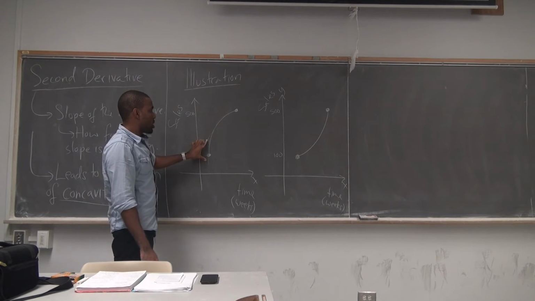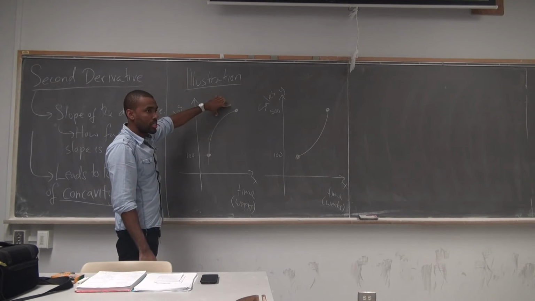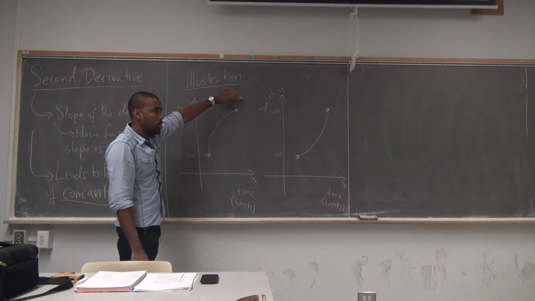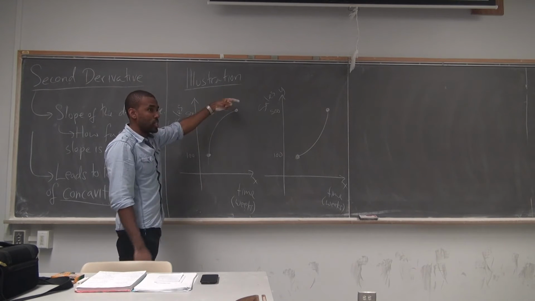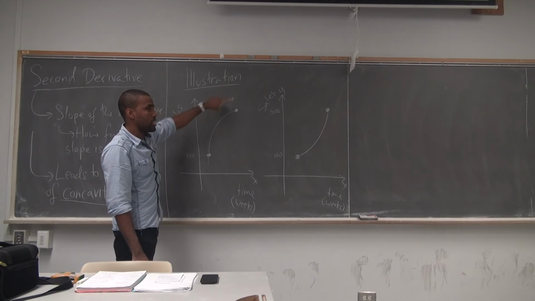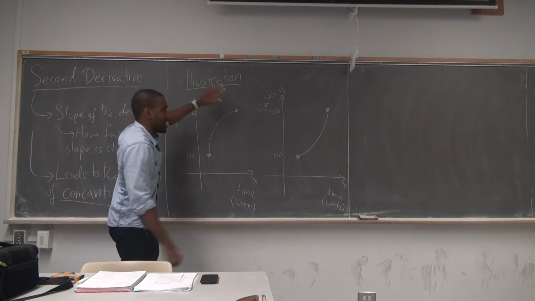That situation describes the slope actually decreasing. So if I look at the slope of the slope, how is the slope changing? The slope is decreasing. The function itself is increasing, but the slope of the function is decreasing. So it's like inception, you're going deeper, another level.